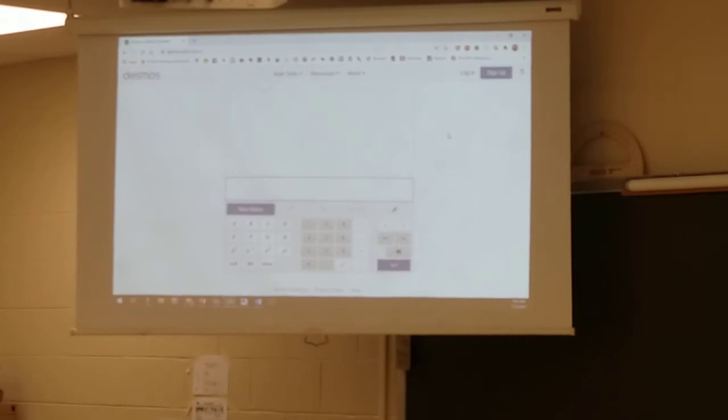Desmos.com backslash matrix. It might be something that you bookmark, or I'm sure next time you type it in and put that backslash M, it'll probably pull it up right away.